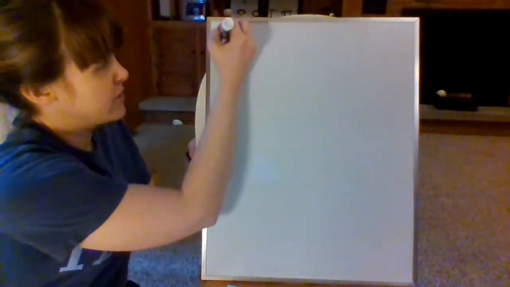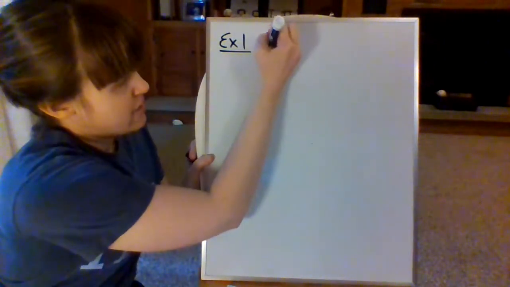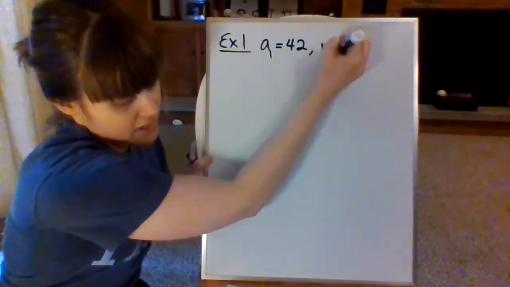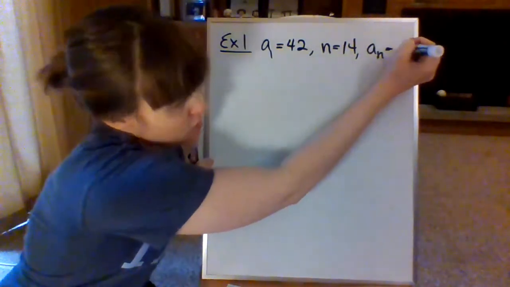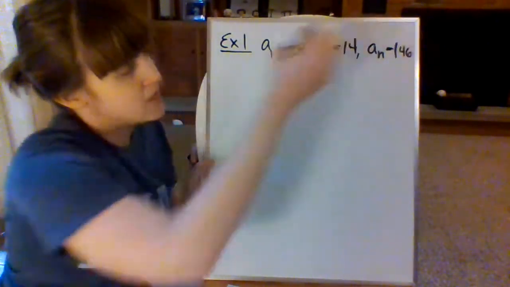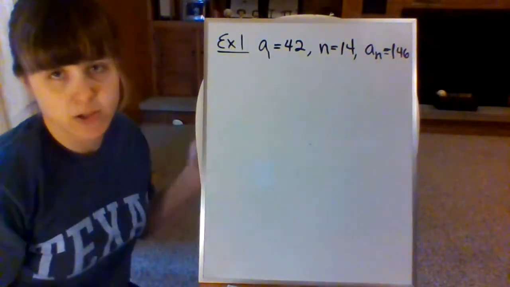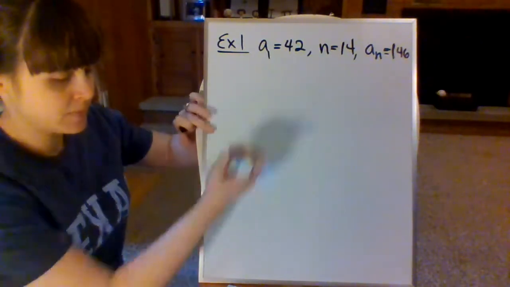Alright, example 1, we have A1 equals 42, n equals 14, and an equals 146. Here, I literally could not use the second formula because I don't know what the common difference is, so I have to use formula 1.